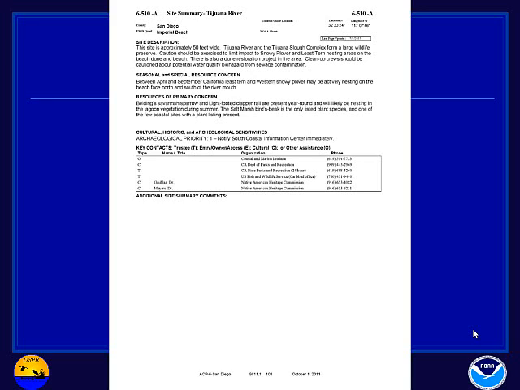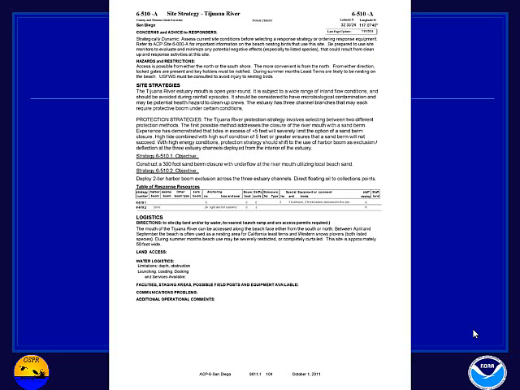And then down here you see we have key contacts. This identifies for initial responders who they might want to contact to get any additional information that might not be current in the ACP, or who might have resources that they are responsible for.